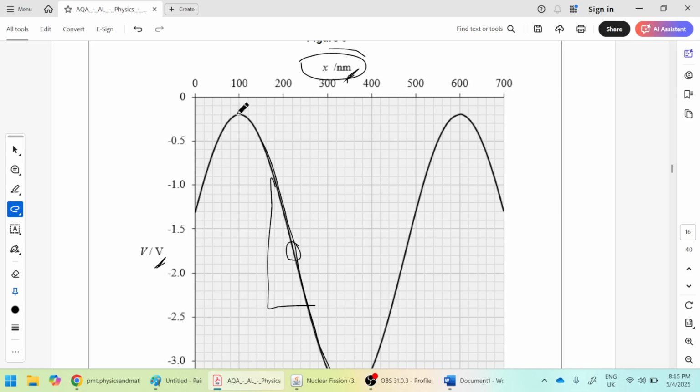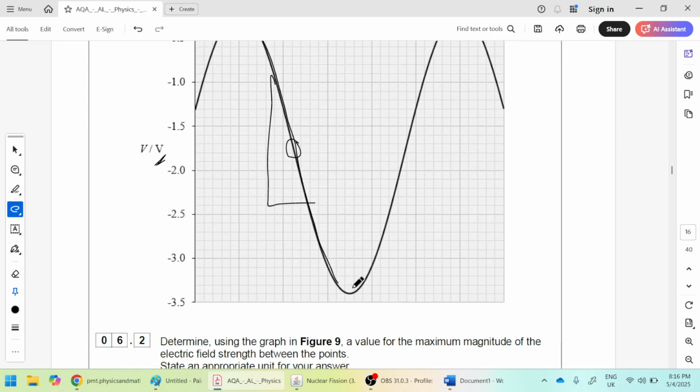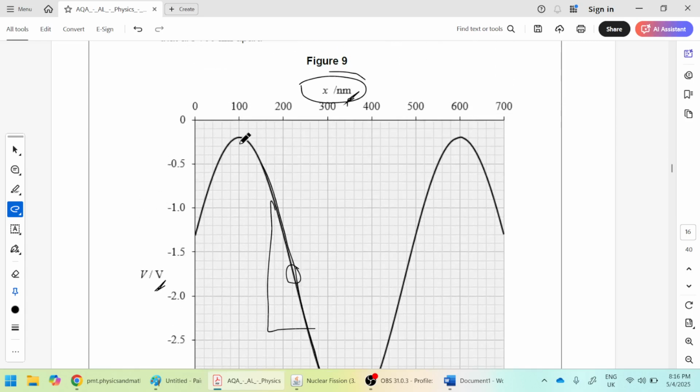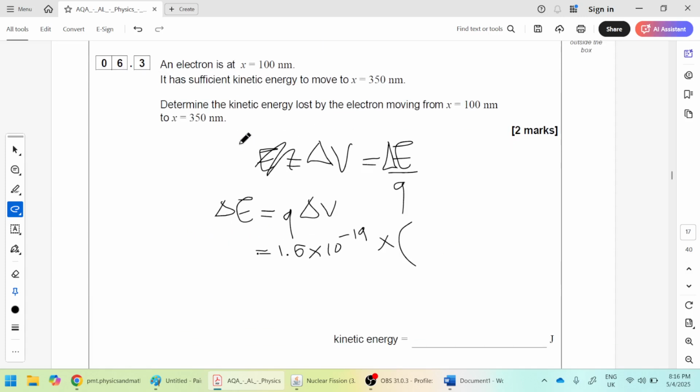At 100, the potential is minus 0.2. At 350, the potential is minus 3.4. So minus 3.4 minus 0.2. The difference there, 3.4, 0.2, okay. Wait a second.